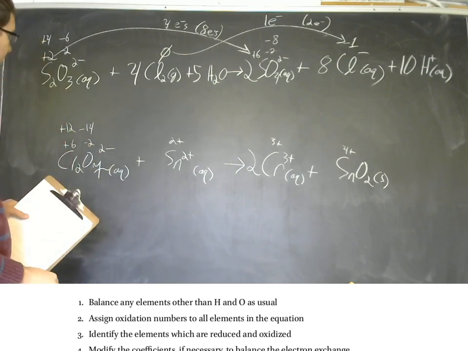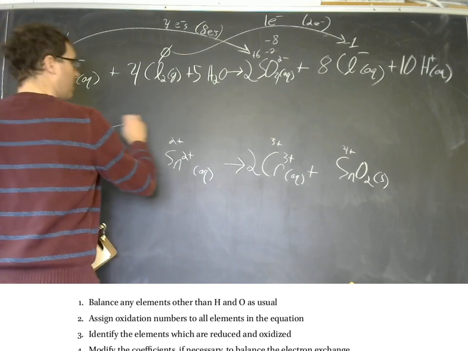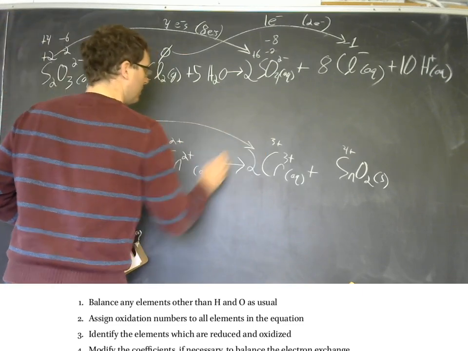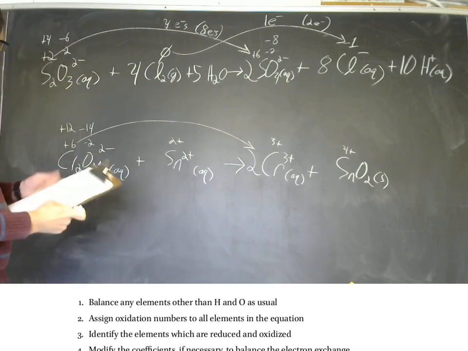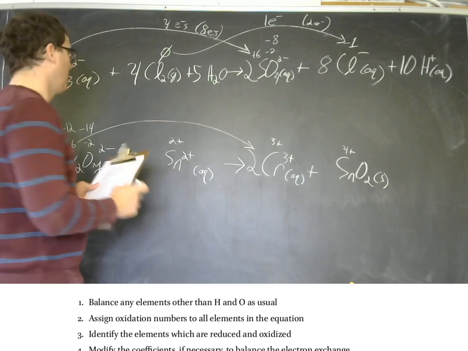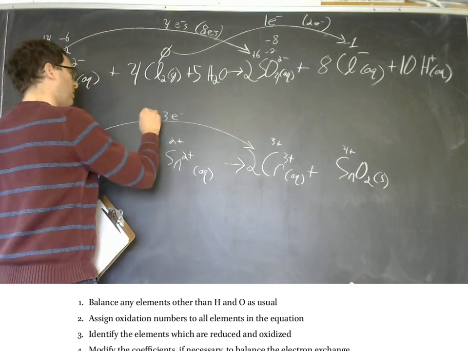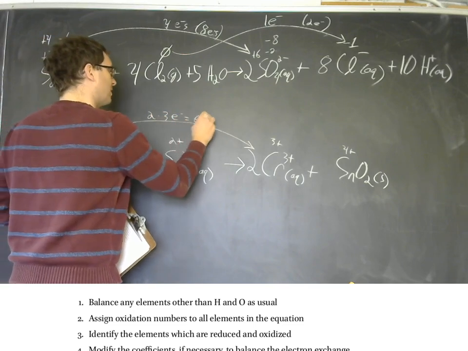And now let's see what's happened as we go from chromium to Cr3 plus. It goes from positive 6 to positive 3, so it has been reduced by 3 electrons. And there's actually 2 chromiums right now, so that's a total of 6 electrons.